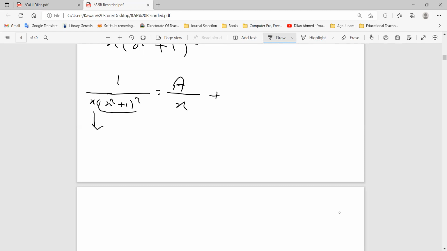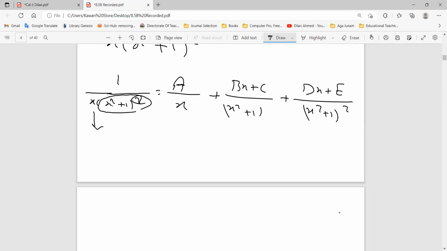And for that one, a square, I say bx plus c over x squared plus 1. For the square, I have dx plus e over x squared plus 1 square.